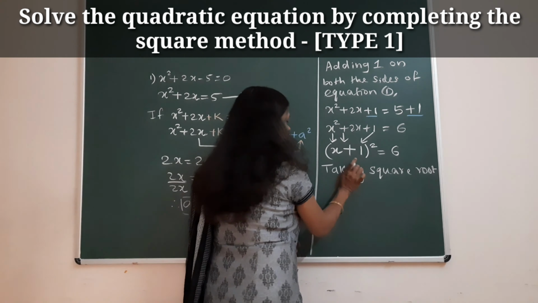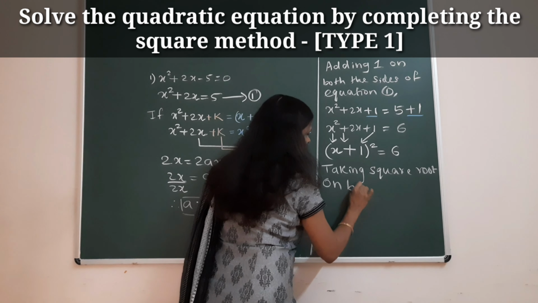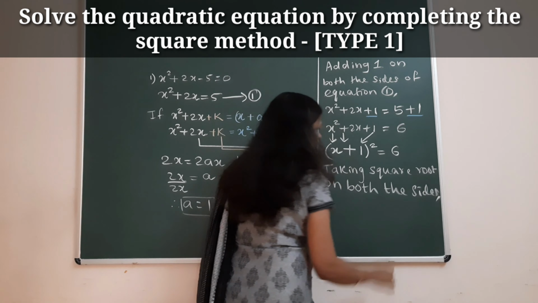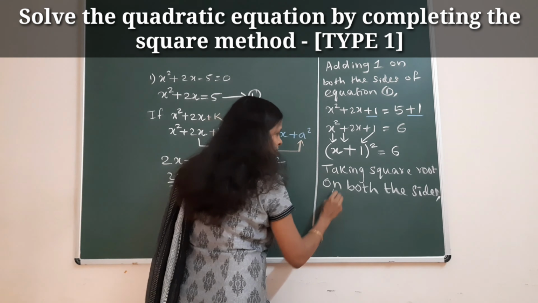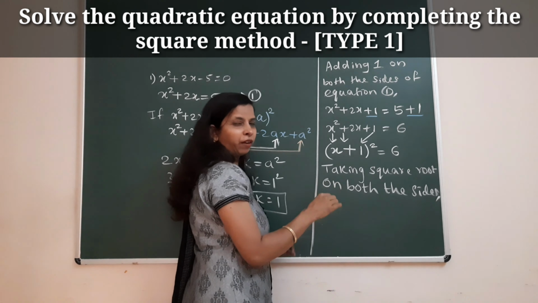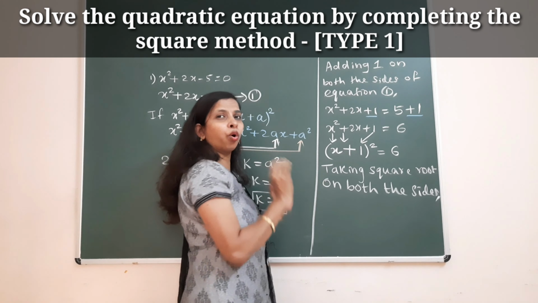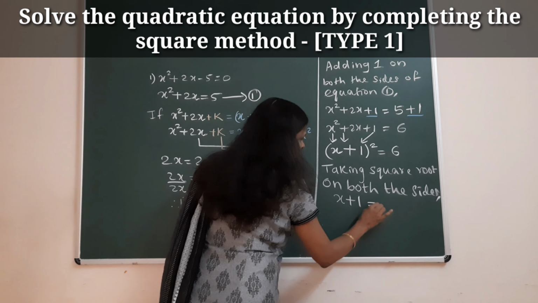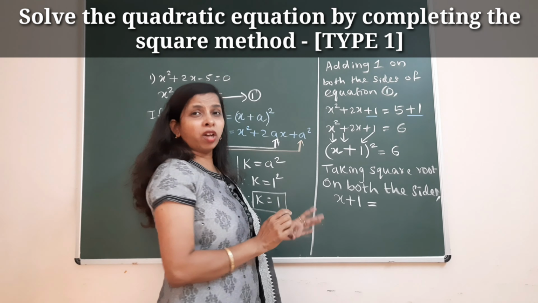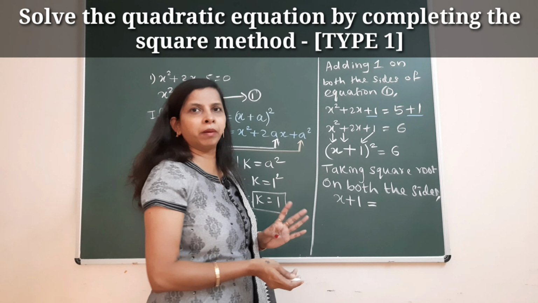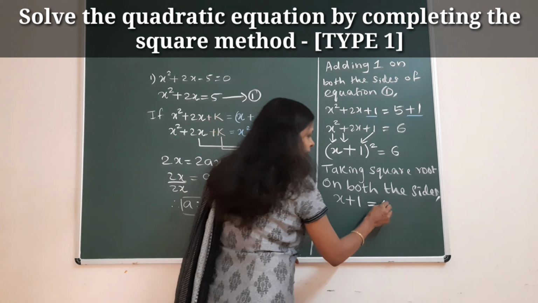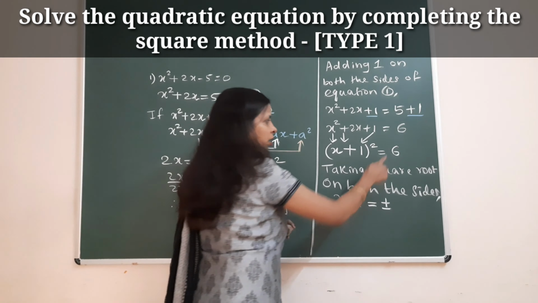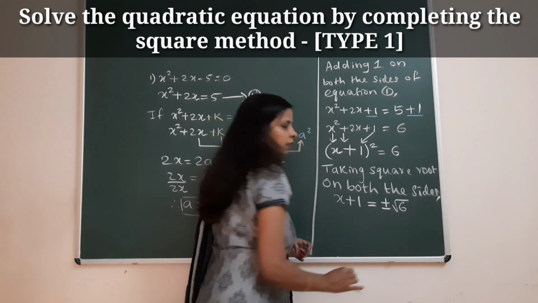So taking square root on both the sides, what will happen? See, x plus 1 the whole square. If I am taking square root, this will be only x plus 1. x plus 1 is equal to, because I am taking square root, please remember, on the right side there will be two signs, plus as well as minus, square root of 6.